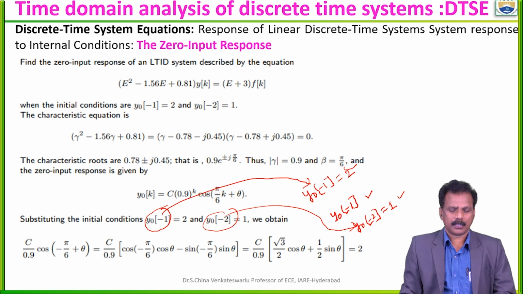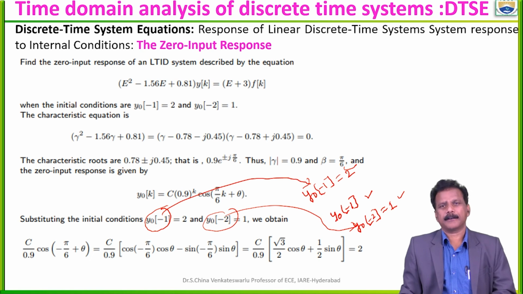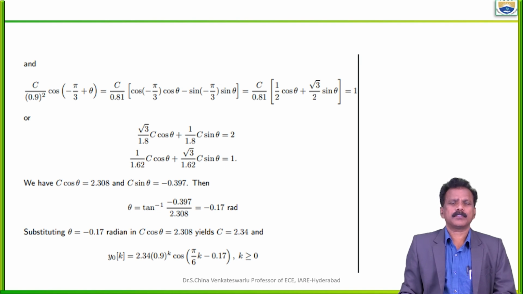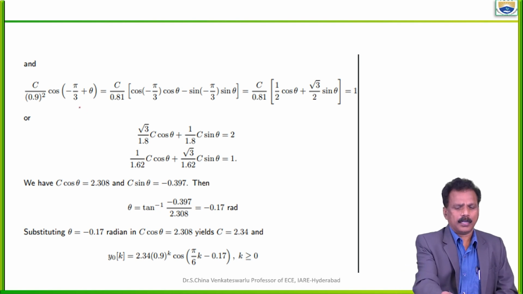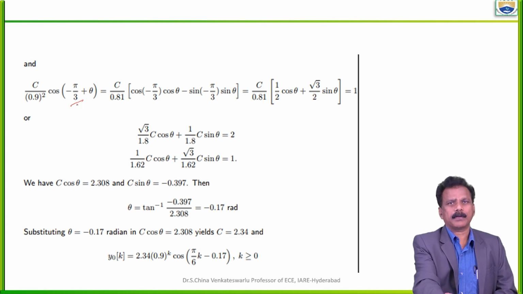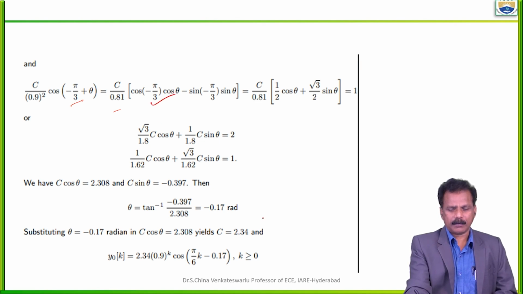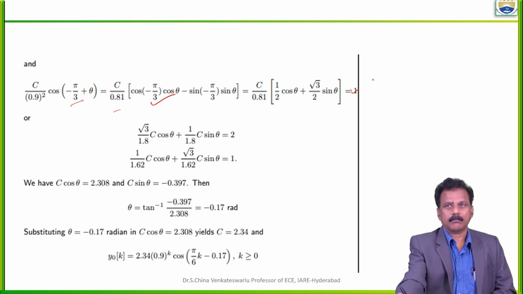Substituting the initial conditions y naught of minus 1 and y naught of minus 2 as 2 and 1, we finalize the substitution: c by 0.9 squared, cos of minus pi by 3 plus theta, equals c by 0.81 into cos of minus pi by 3 cos theta minus sine of minus pi by 3 sine theta, and so on. It is also equal to 1.